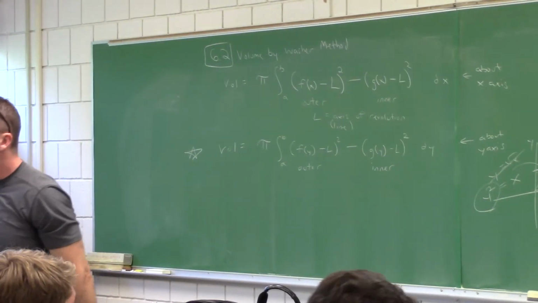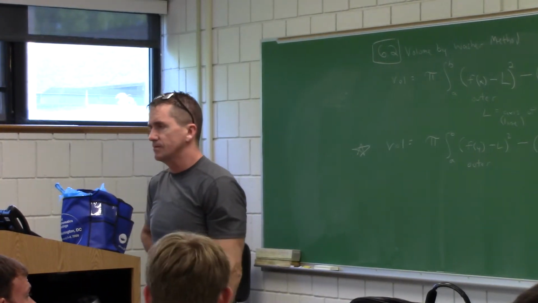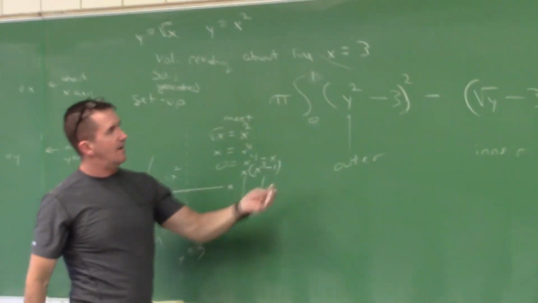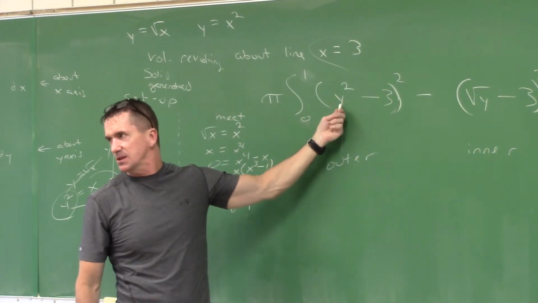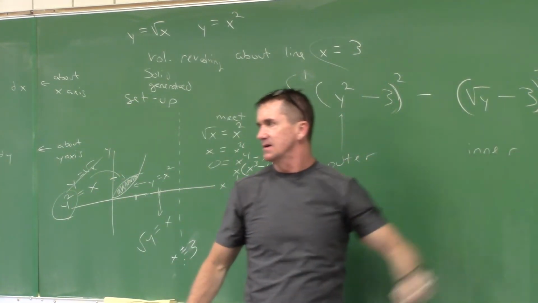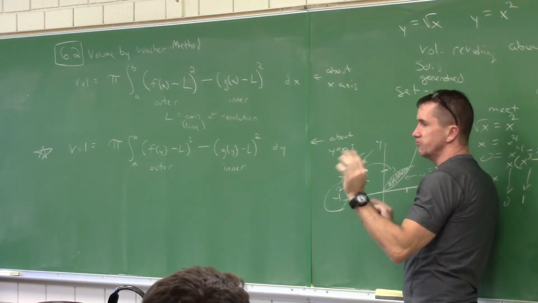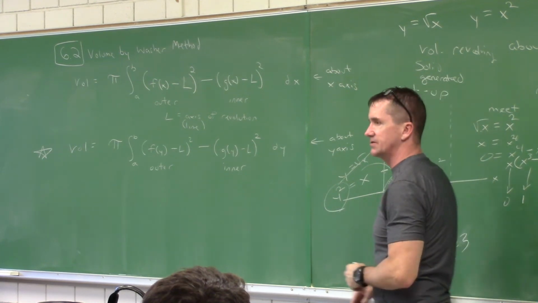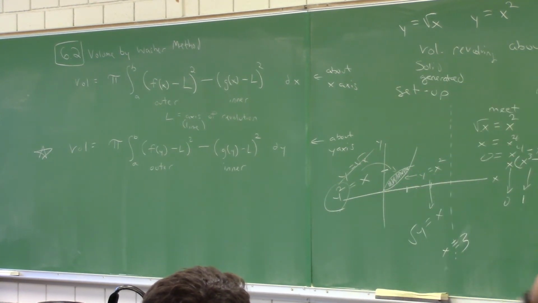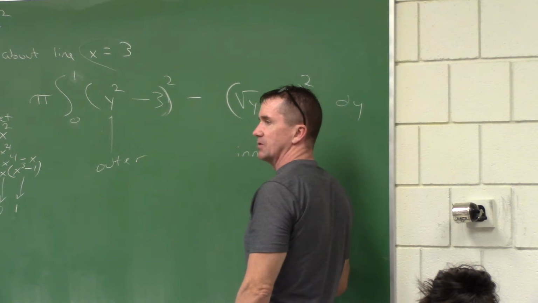Was everyone okay with that? There's a question about your bounds, 1 to 0: is that your x value or your y value? Outstanding question. In terms of this, they have to be y values because it's dy. But yeah, it was fortunate that this still came out to be 0, 1. A really good question. Because we're going around this, we had to make sure everything was in terms of dy, and we had to find out what their values were.